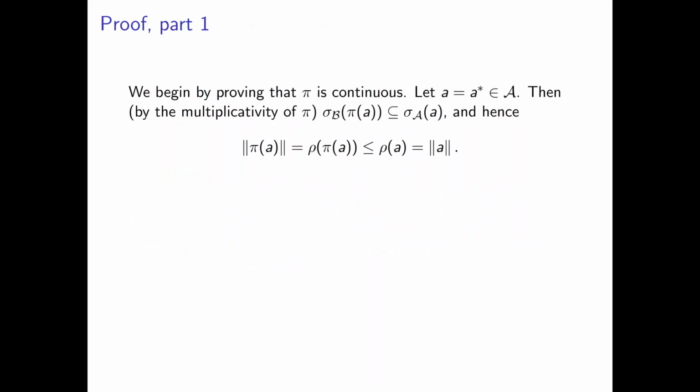So we begin by proving that this map pi, or this homomorphism pi, is continuous. And we do it first by looking at self-adjoint elements.